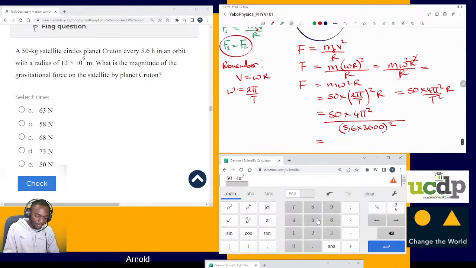It's 12 times 10 to the power of 6. So it's times 12 times 10 to the power of 6.